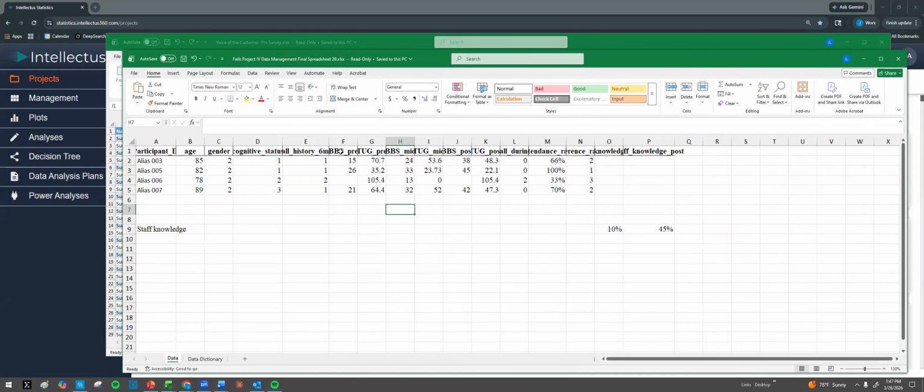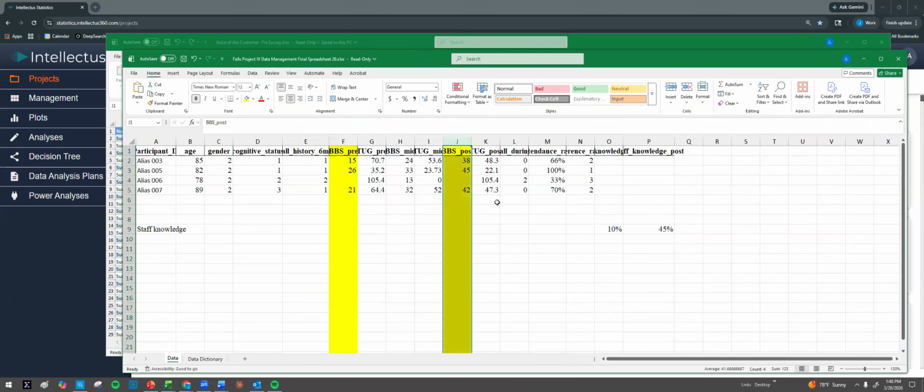I have a question about the BBS. If you see the Berg Balance Score on the pre, I'm missing at line 3. I don't know how to put the data there because it keeps putting a name. I want a number. I ran the test and have some result.